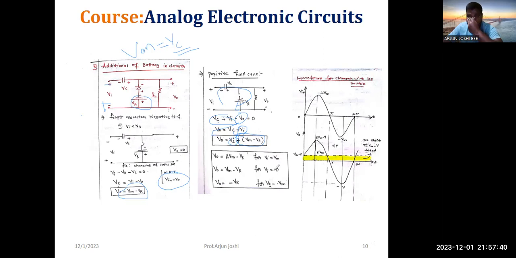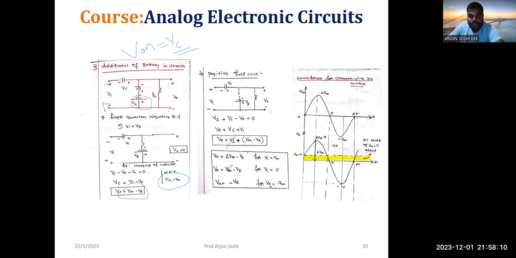Whenever Vi is equal to 0, what will come? Whenever Vi is equal to Vm, that means 2 Vm minus Vr. Whenever Vi is equal to 0, Vm minus Vr. Whenever minus Vm plus Vm will get cancelled, so minus Vr will remain. So how to write the waveform?